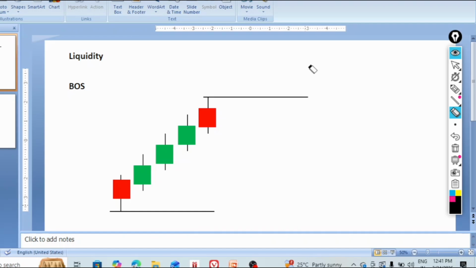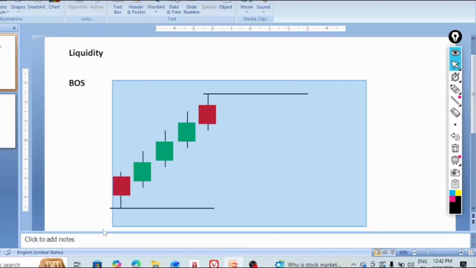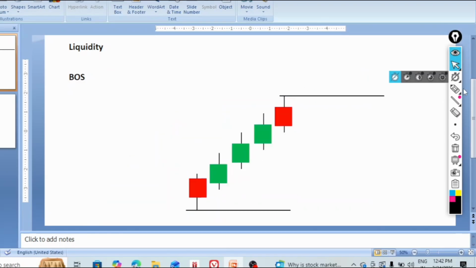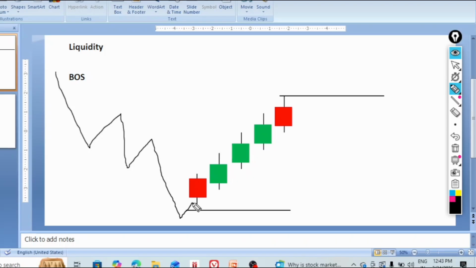Suppose, let me give you an example. The market was moving in a downtrend, and this is the pullback.